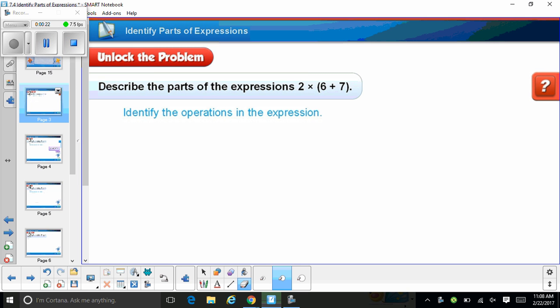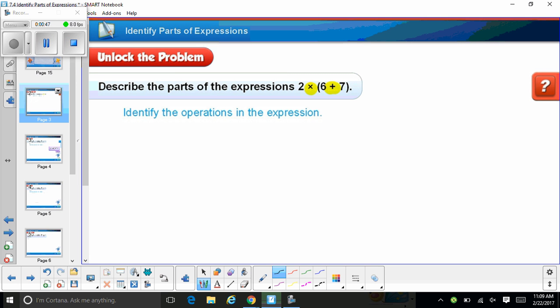And so the first thing you want to do with any type of expression is identify the operation that you're going to be using or working with. In this case, I'm going to be multiplying and I'm going to be adding. And so words that I might use to describe this type of expression would be product, sum, more, because they're explaining or expressing the multiplication and addition.